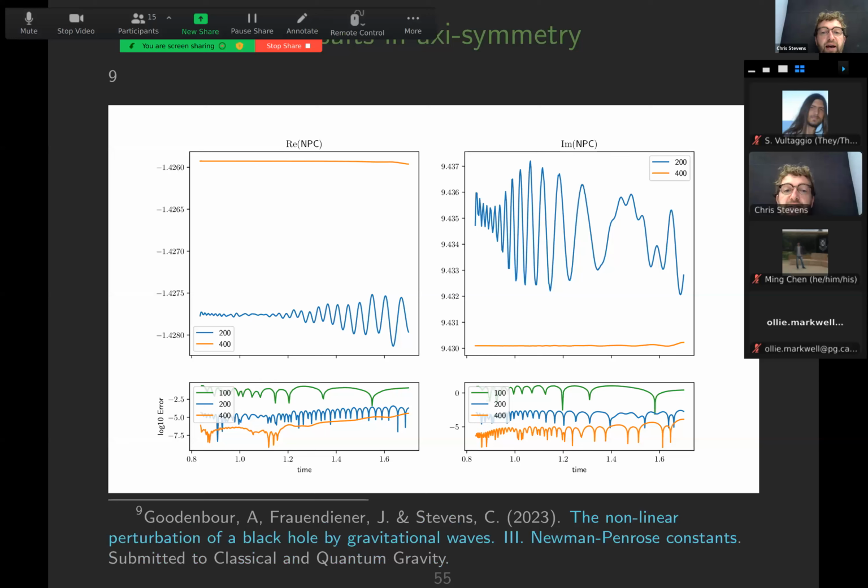So Alex, and this is in a paper that's been submitted to CQG, we certainly found that this error here is basically, as we increase our resolution, the difference in these numbers as you go along, so you keep computing them in different cuts as you evolve, and you see how much they differ from the initial cut. So it should be 0. We do a convergence test and we find it's converging to 0. So we find that indeed up to numerical precision that we're working with, these numbers are conserved.